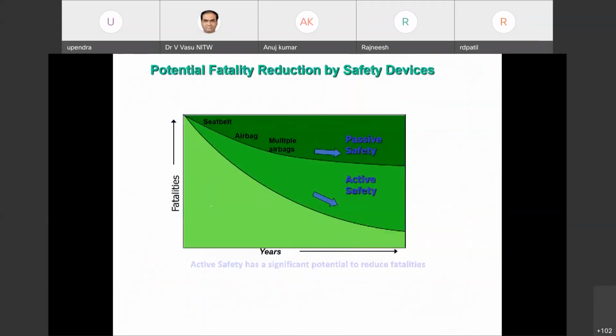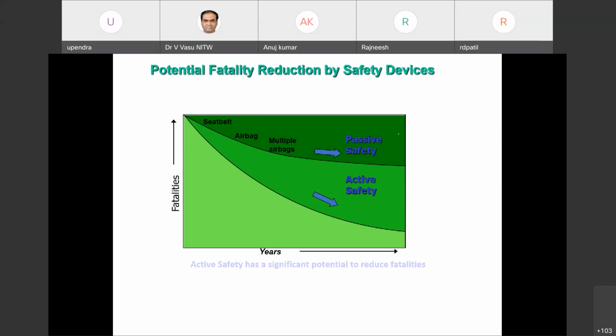Now I will explain the different MEMS sensors used from the automobile point of view. We have 2 different types of safety: passive safety and active safety.